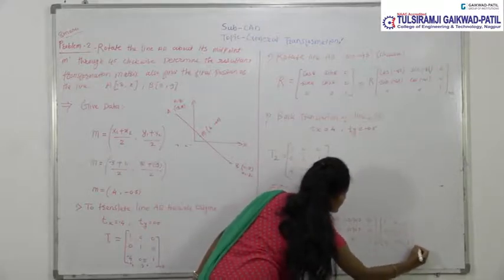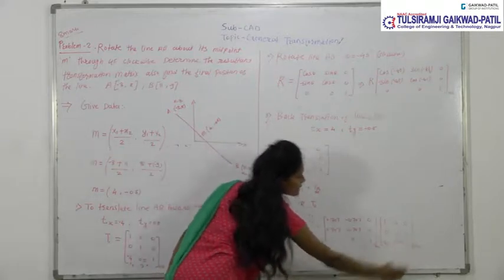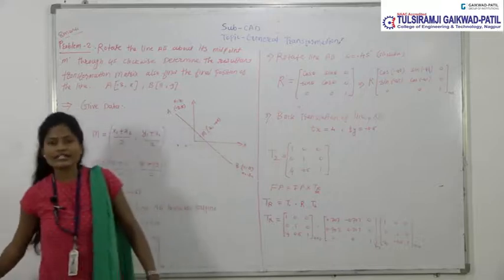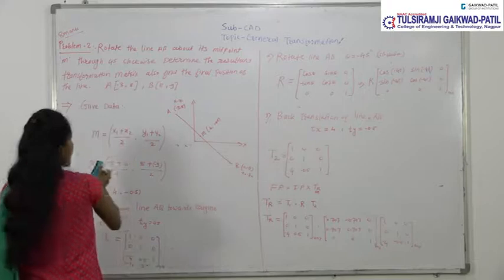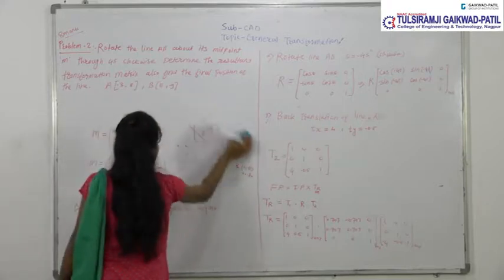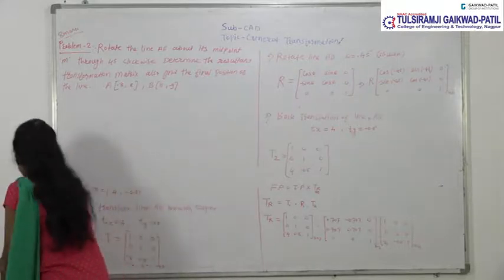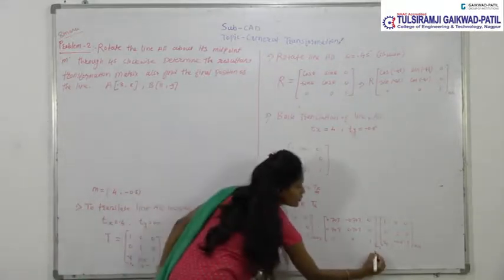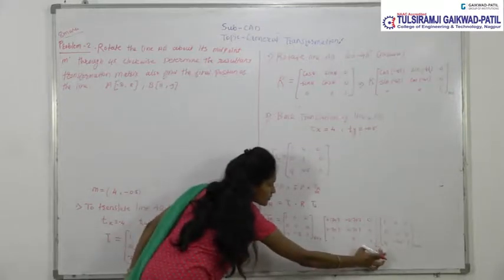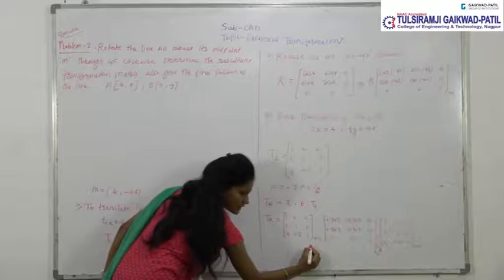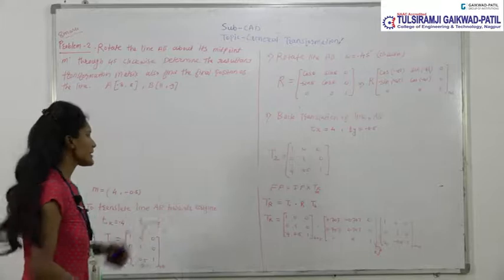So all these are 3 by 3 matrices. In the calculator we can directly calculate the multiplication of these matrices. After multiplication we will get the total resultant matrix. First do multiplication of these 2 matrices and then multiply the result with the third matrix. But in the calculator we can directly calculate all this matrix multiplication.